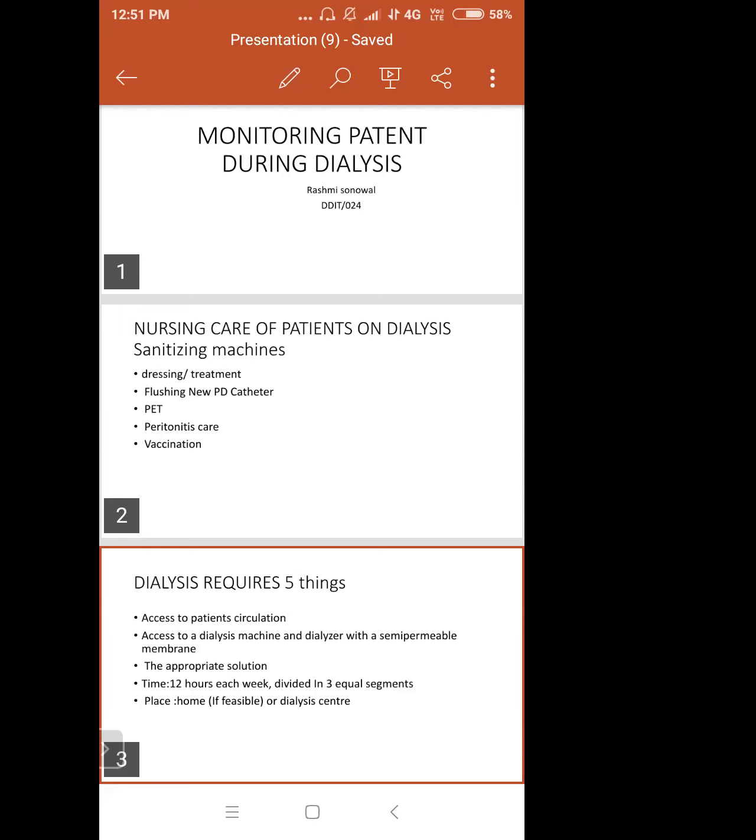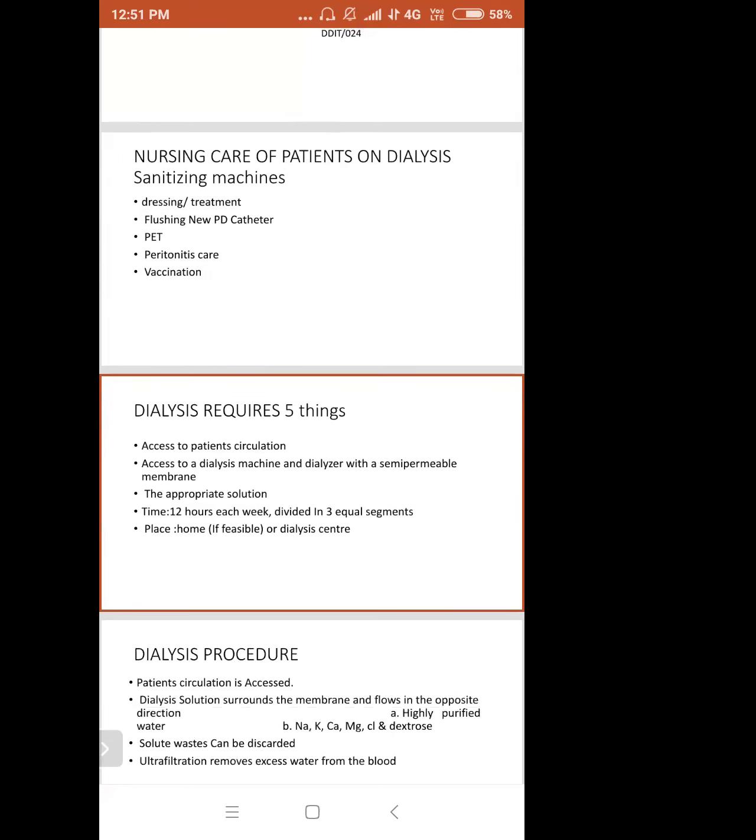Next is vaccination. Dialysis requires five things: access to patient circulation, access to a dialysis machine and dialyzer with a semi-permeable membrane. A semi-permeable membrane is a membrane that only allows movement of solvent molecules, but restricts movement of solute particles across the membrane.